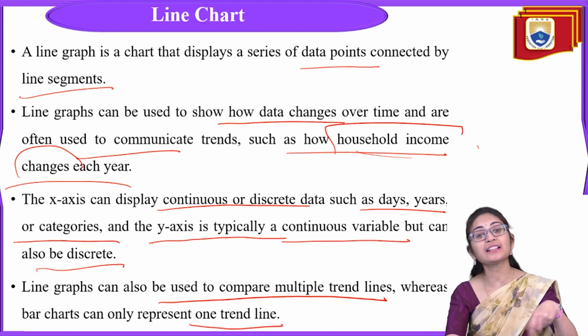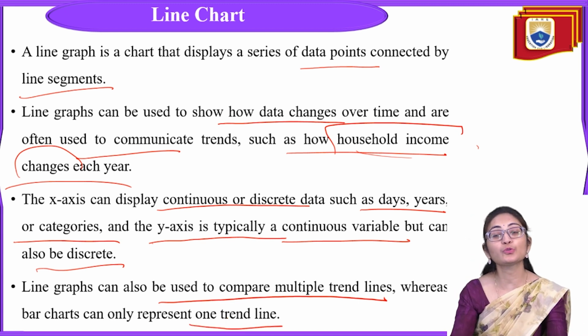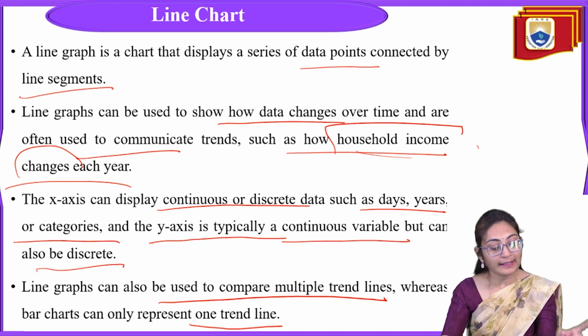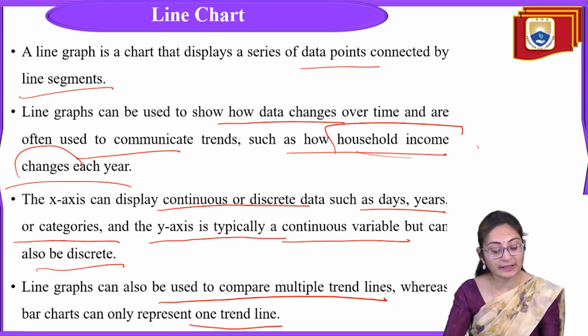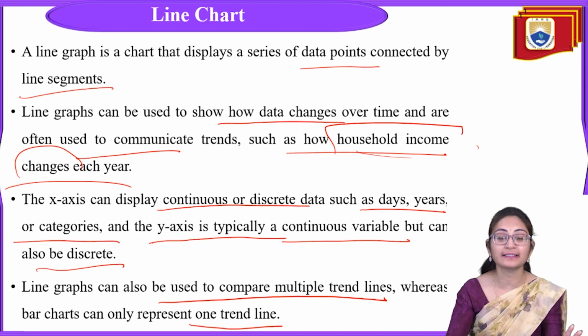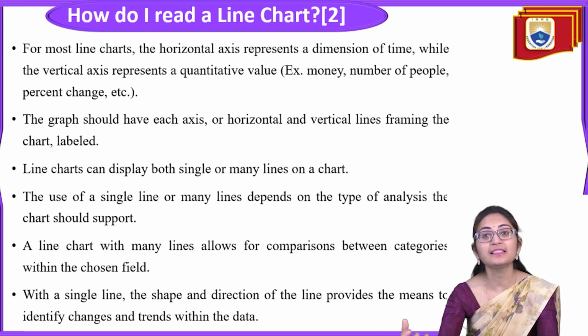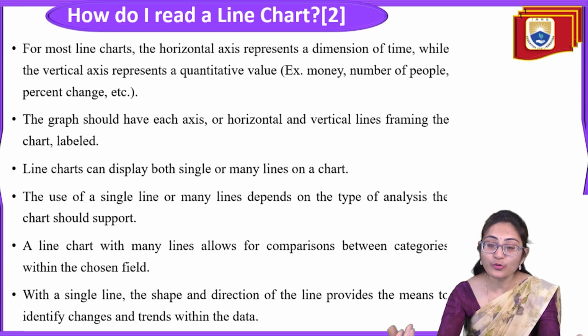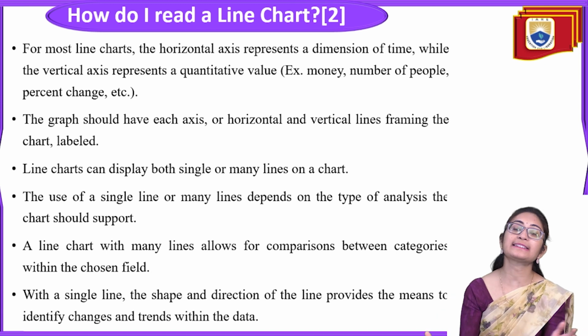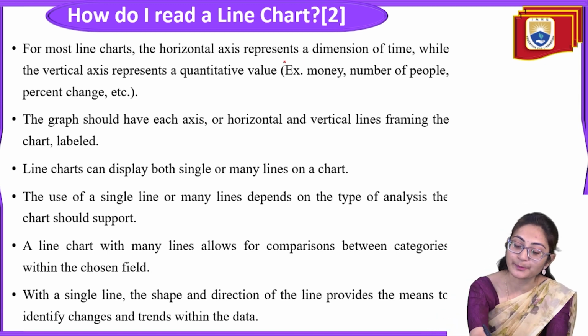If you are using the line graph, you can use multiple lines. But if you are using the bar chart, you can't use multiple lines; you have to use only one trend line. Now, how do we read a line chart? For most line charts, the horizontal axis represents the dimension of time.